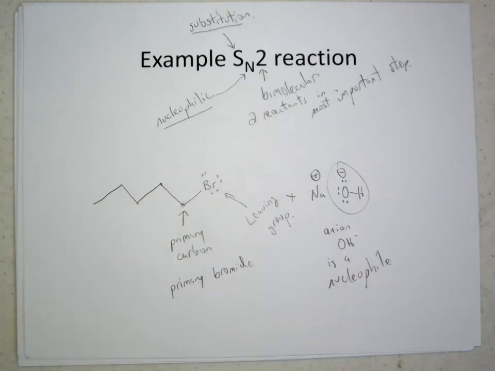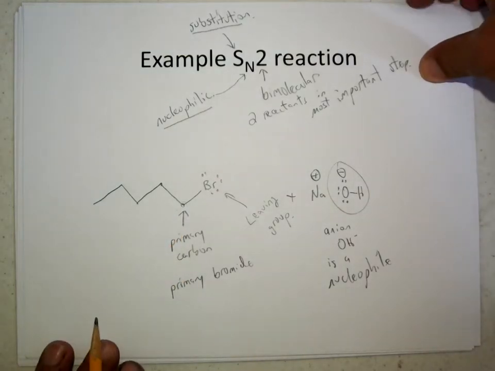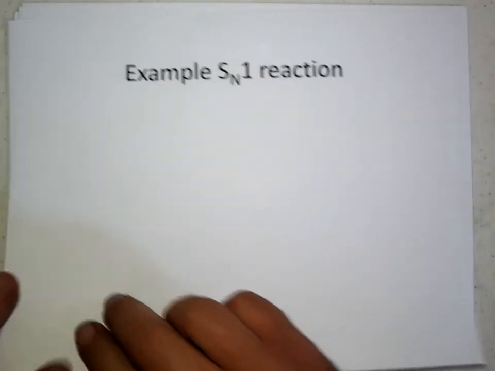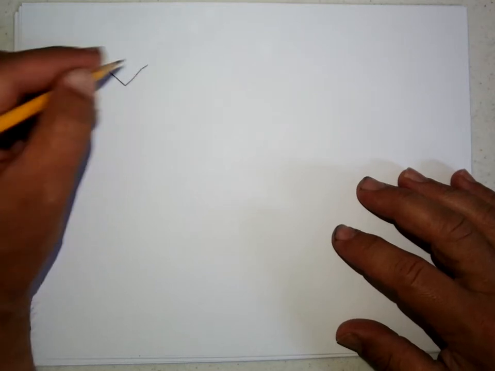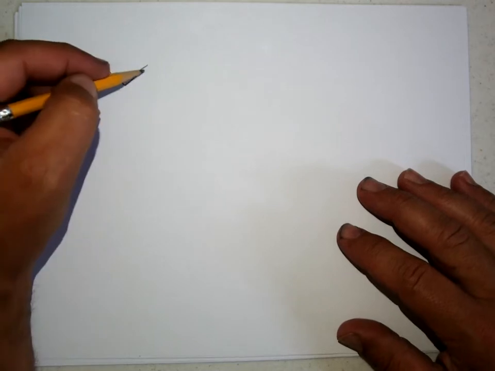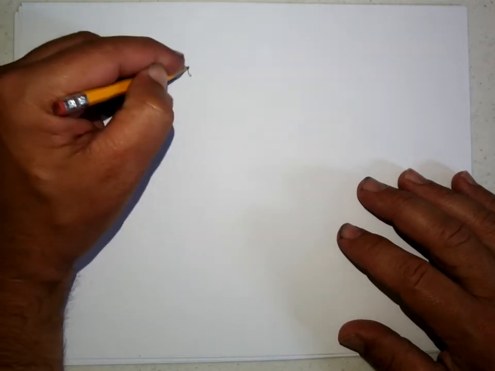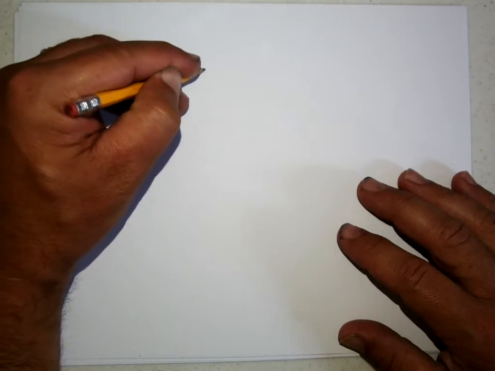Since I don't want this arrow to be confused with the mechanism arrow, let's go ahead and rewrite the mechanism. Not an SN1 reaction. We have 1, 2, 3, 4, 5 carbons with a bromine on it.